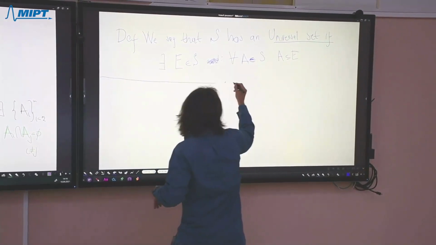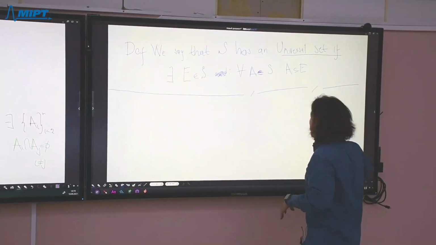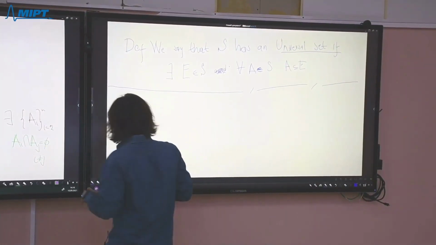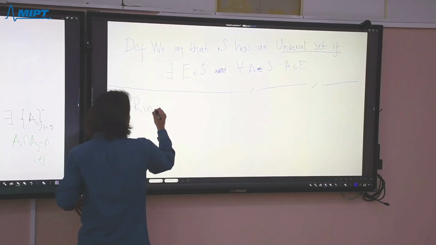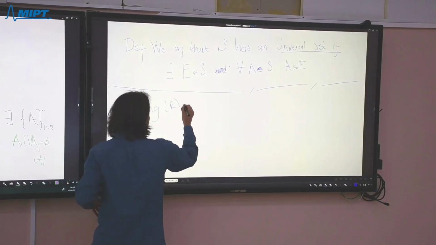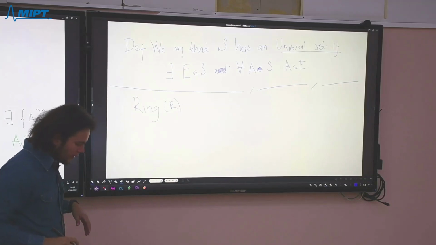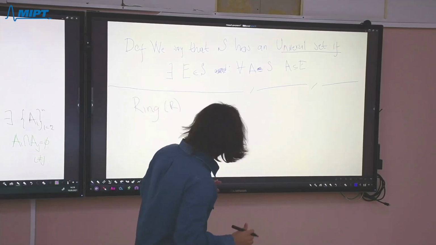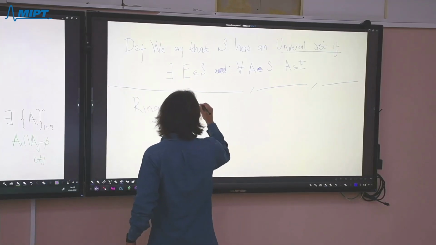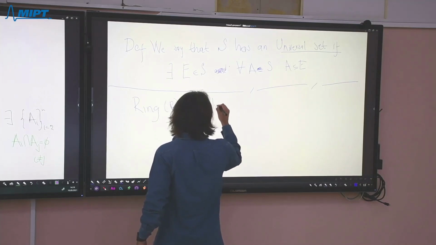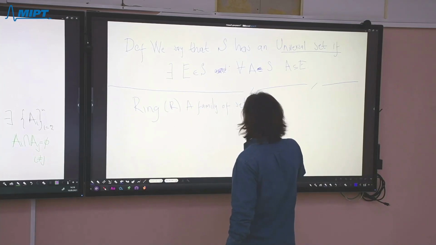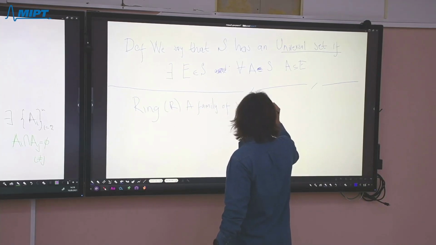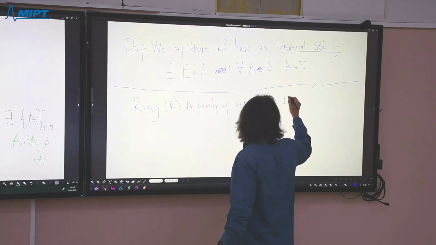Then, after we got this semi-ring, we can define a ring, R, all right? So this is a family of sets such that we need two conditions to hold.